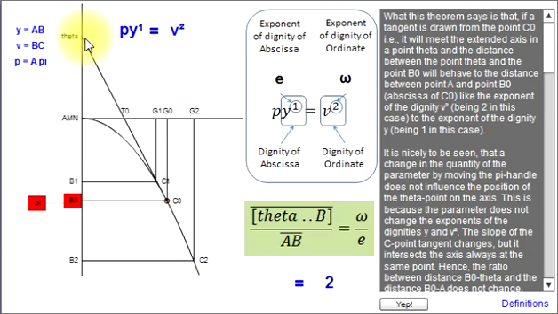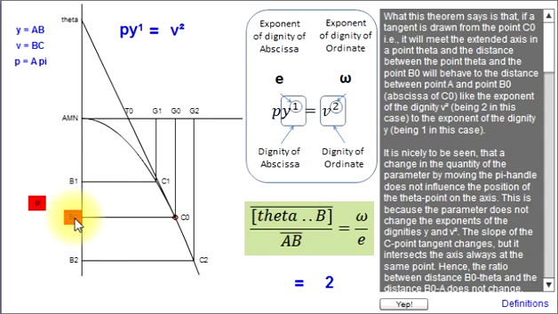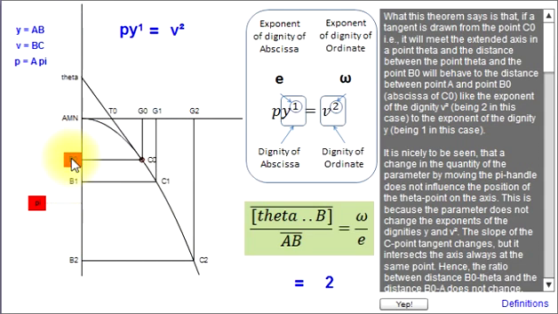And Ricci discovered that no matter where you place the point on the parabola, the proportion between the intersection point theta to the abscissa, theta b, and the abscissa itself, a b, will always stay the same.